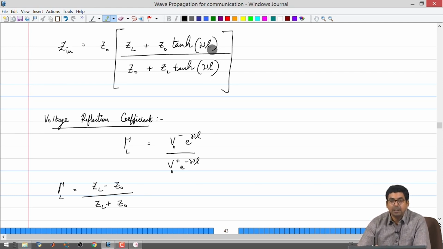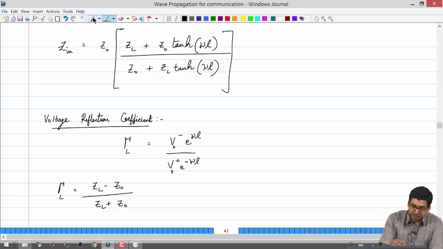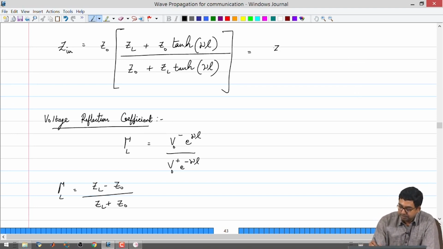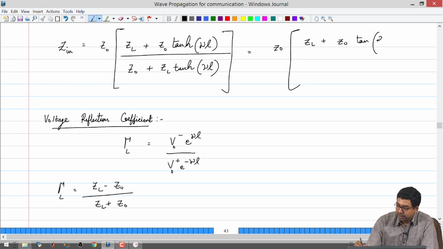Now, beta L in this case corresponds to the electrical length that you are using. Beta is going to be 2 pi divided by lambda. So, I will make some simple substitutions. So, this is Z naught multiplied by ZL plus Z naught tan of 2 pi divided by lambda, the phase constant, times L. L is here lambda over 4, divided by Z naught plus ZL tan 2 pi by lambda by 4.